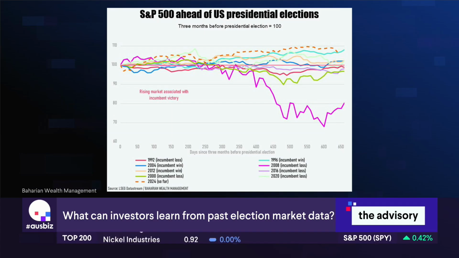What's really interesting, though, is that during the last 35, 40 years, we've never actually seen a president not rerun for election. Now, this is very unusual, which tells me that it's hard to simply look at this data and make any firm conclusions.